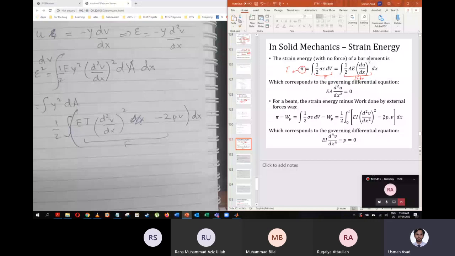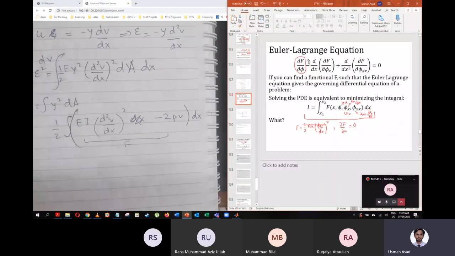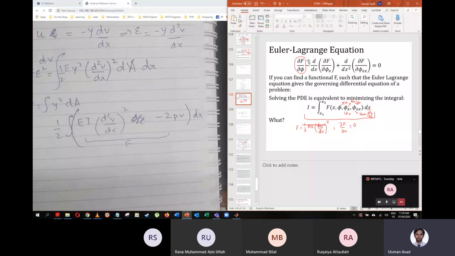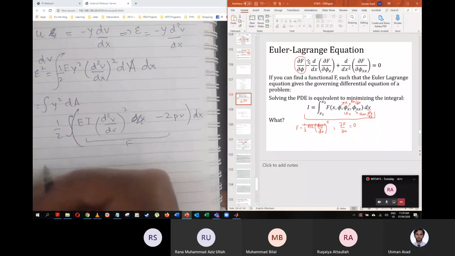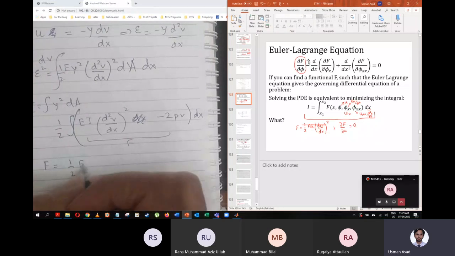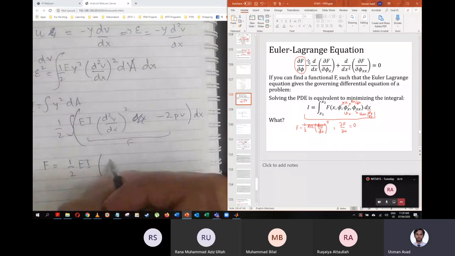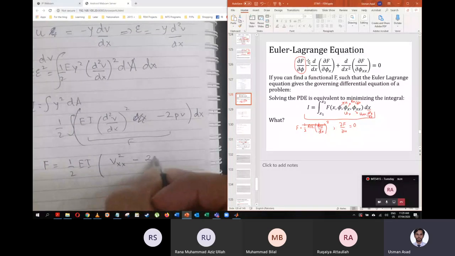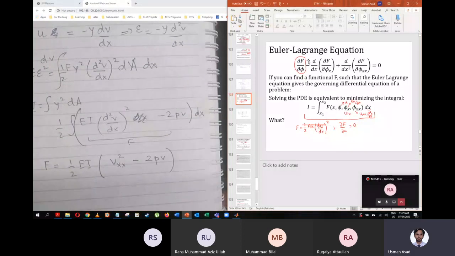And if I try to plug this back into my Euler Lagrange equation, right? This Euler Lagrange equation. So यहाँ पे instead of phi, I have v, ठीक है? और मेरे पास v_x कहीं है इसके अंदर। My F is now half EI times v_xx square minus 2pv, right?